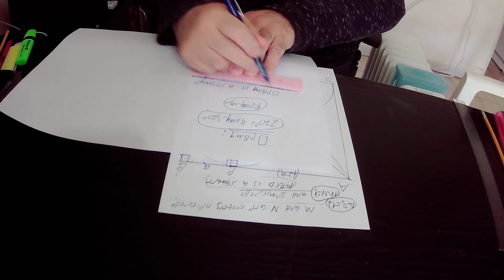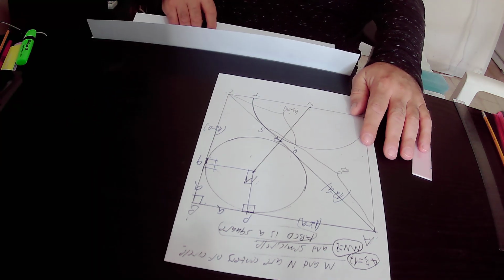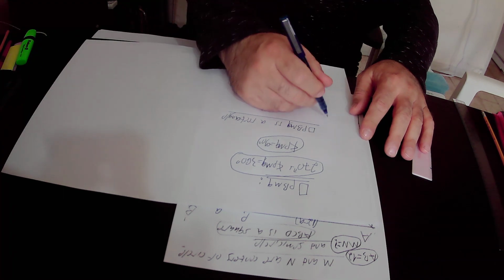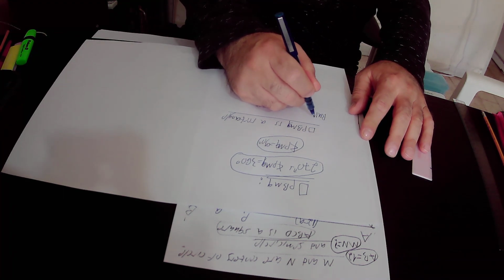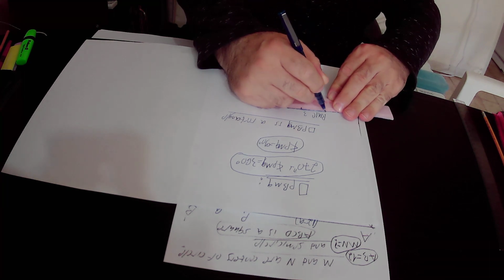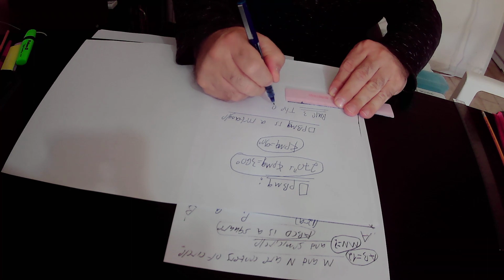Quadrilateral PBMQ is a rectangle, and we actually have rule number 3 that states that the opposite sides of a rectangle are equal to each other. I write it down. The opposite sides of a rectangle are equal to each other.